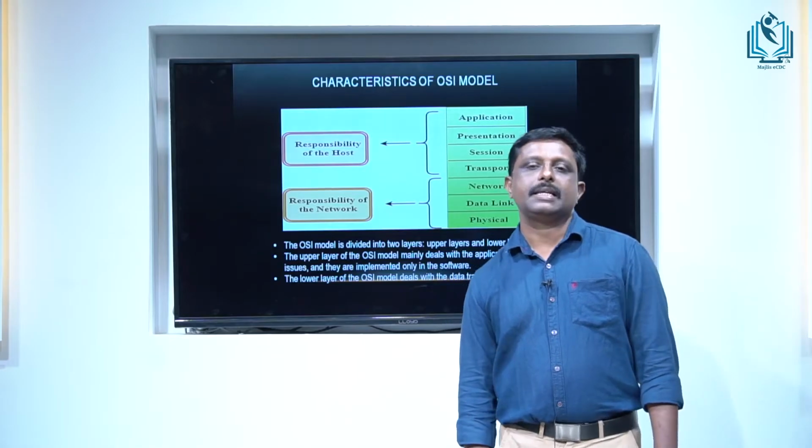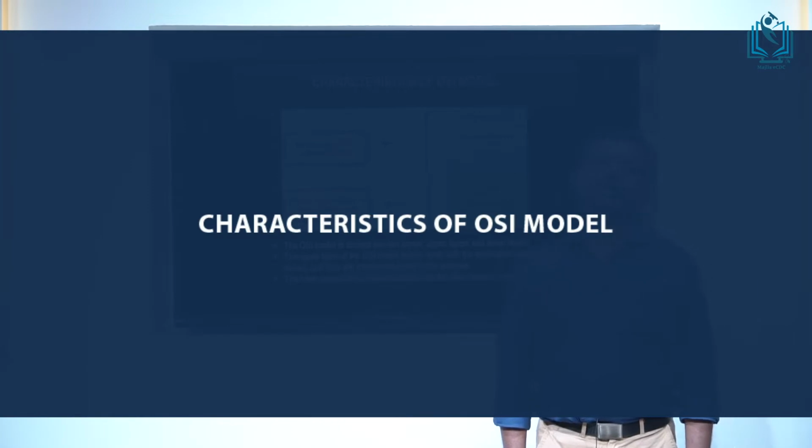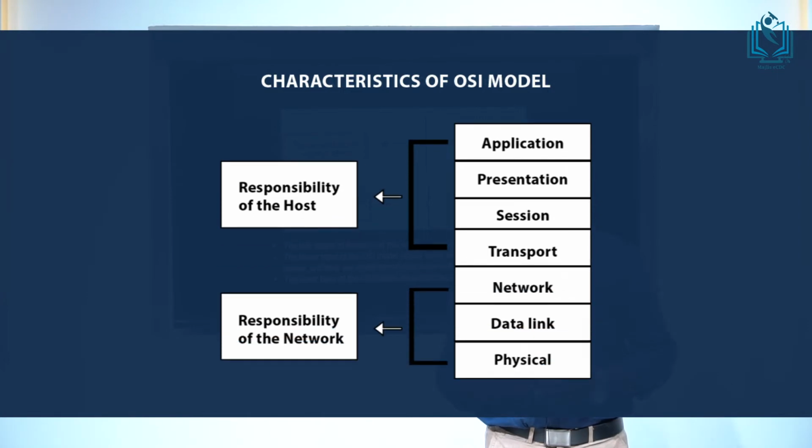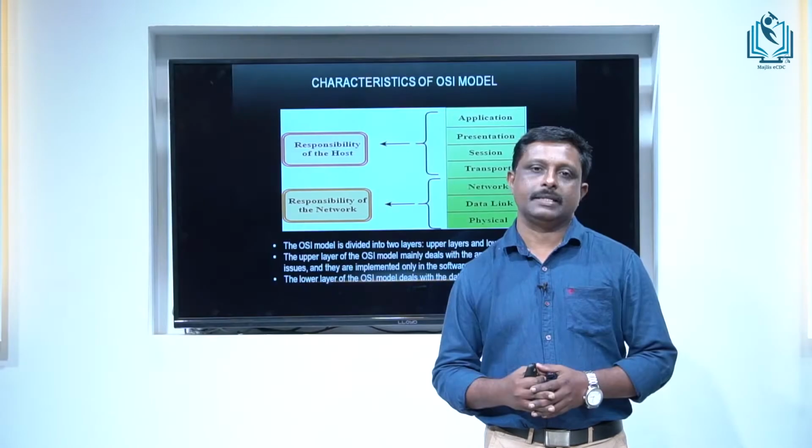Next are the characteristics of the ISO OSI model. The top 4 layers, that is the application layer, presentation layer, session layer and transport layer, are called upper layers. The network layer, data link layer and physical layer are called lower layers.